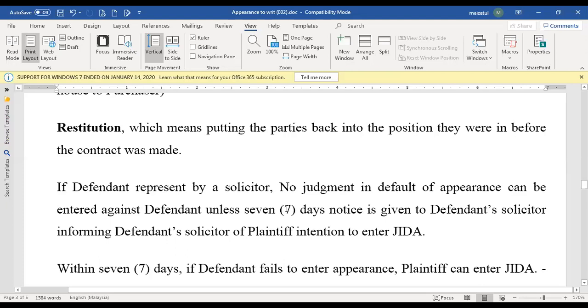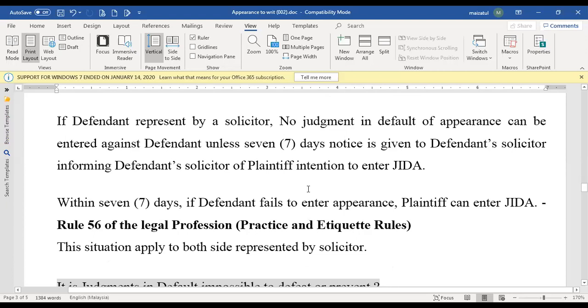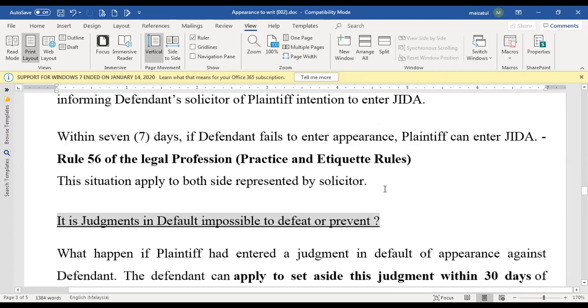In this kind of situation, even though the 14 days are already over, a judgment in default of appearance cannot be entered against the defendant unless the plaintiff gives the defendant's solicitor 7 days' notice of the plaintiff's intention to enter a JID. You can see this under the Legal Profession Practice and Etiquette Rules. But this situation only applies when both sides, the defendant and the plaintiff, are represented by solicitors.